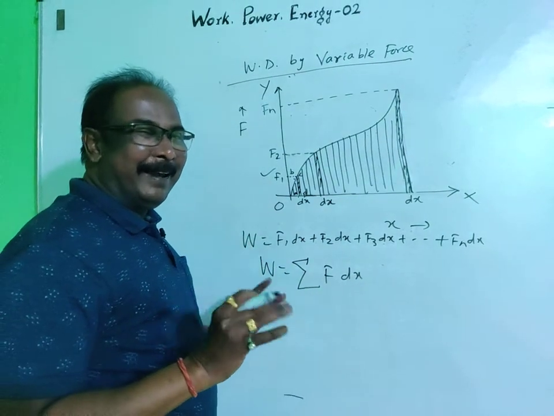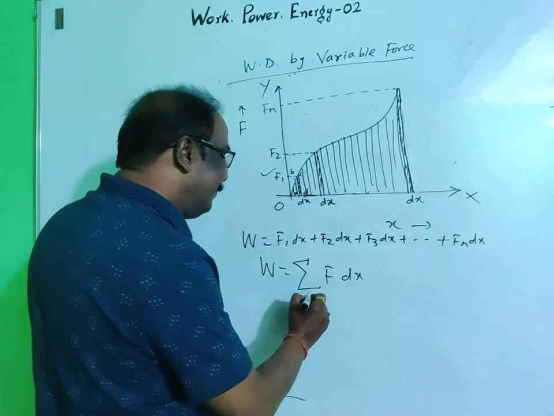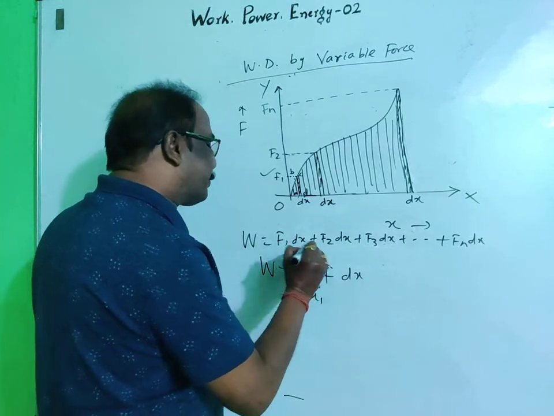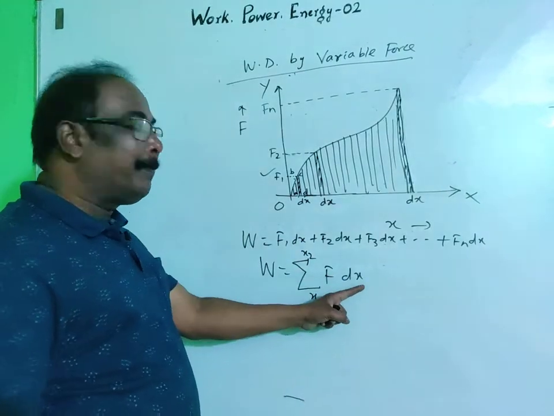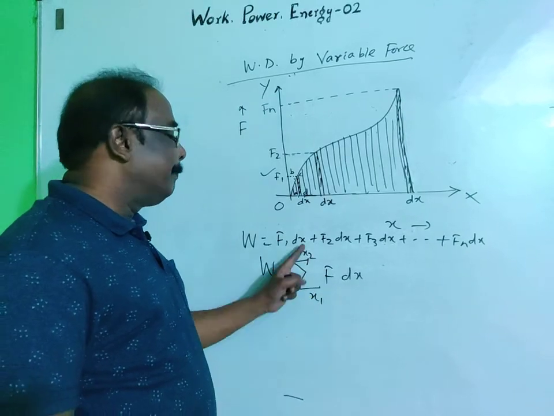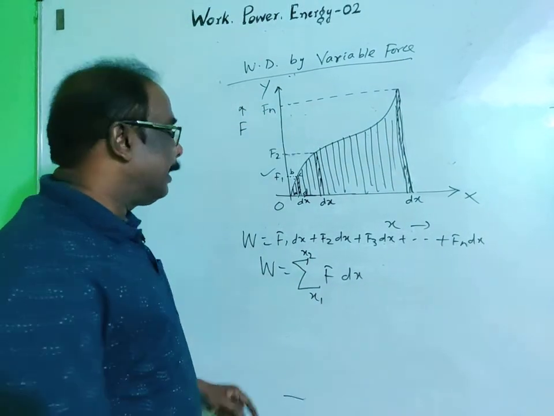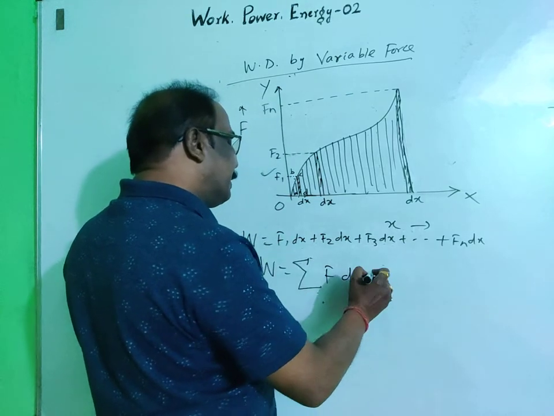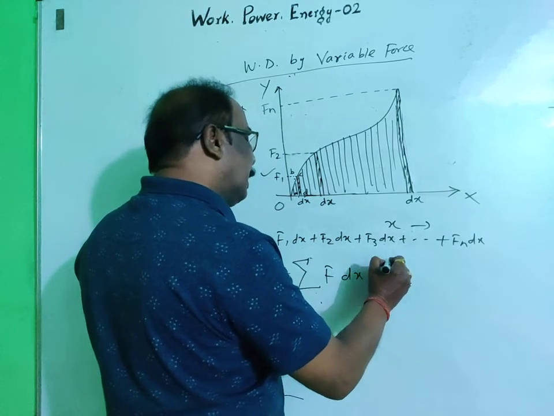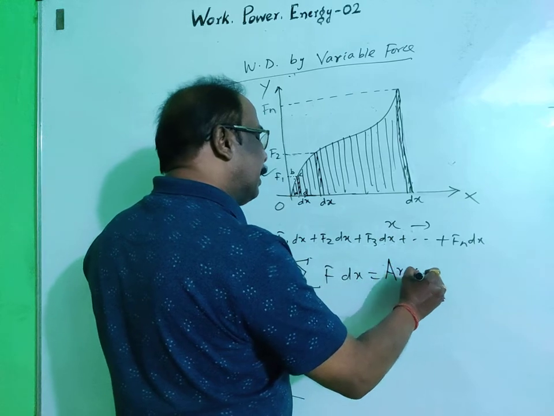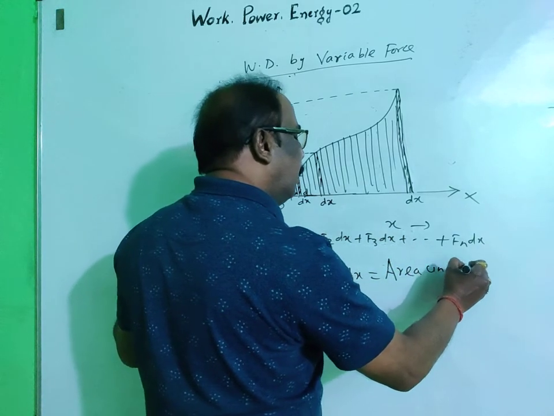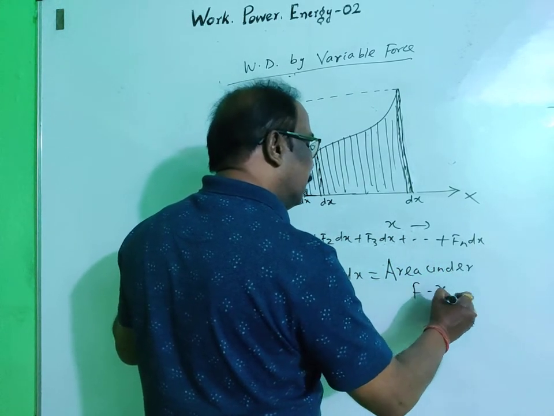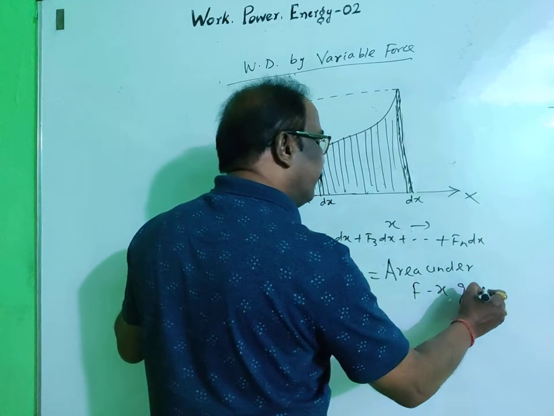Let displacement vary from x1 to x2. The sum of F dx, as displacement varies from x1 to x2. If you take the sum of F dx, it means total work can be calculated by calculating the area under the force and displacement graph.